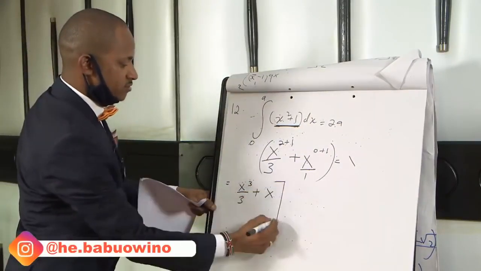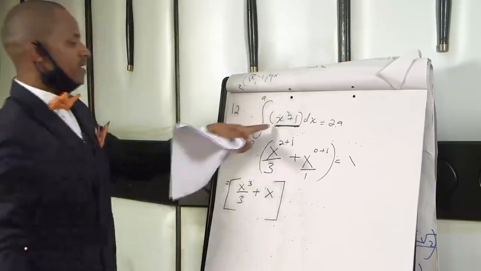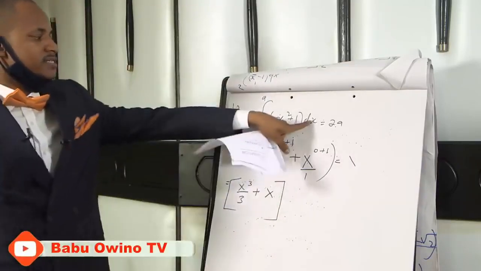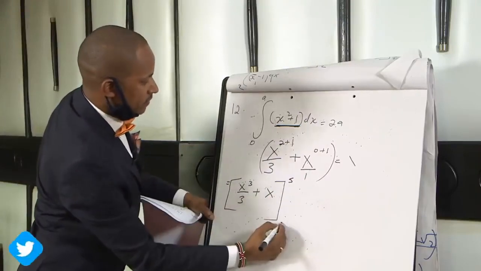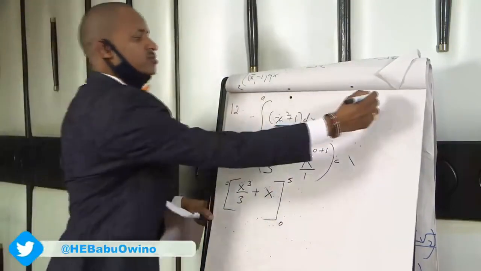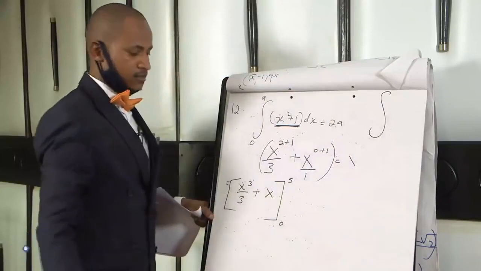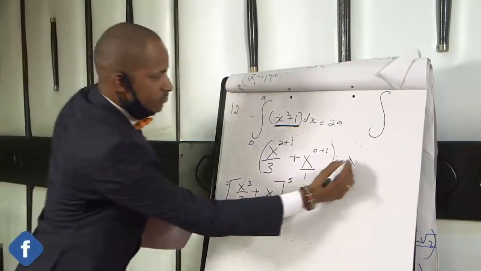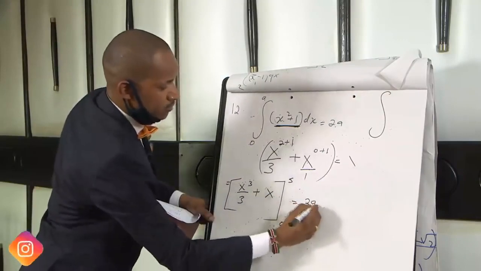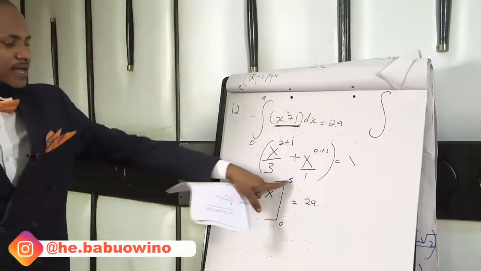So these values, after integrating, you don't write dx. You just replace it with the limits of a and 0. And again, you don't write the integral sign because you've already integrated it. So this value equals 2a. Again, just replace where there is x.